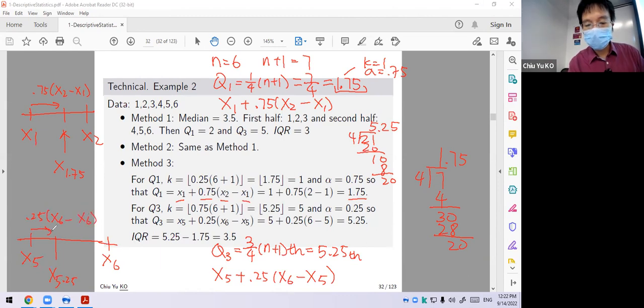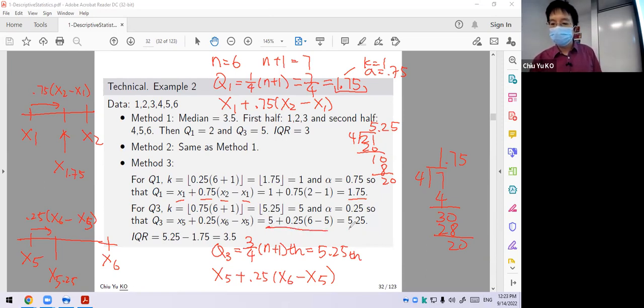The whole distance is 6 minus 5. So starting from x5, you go a quarter of the whole distance. That is what it means. You plug in all the numbers. The difference is 3.5, so you can see the difference between this number and that number there.